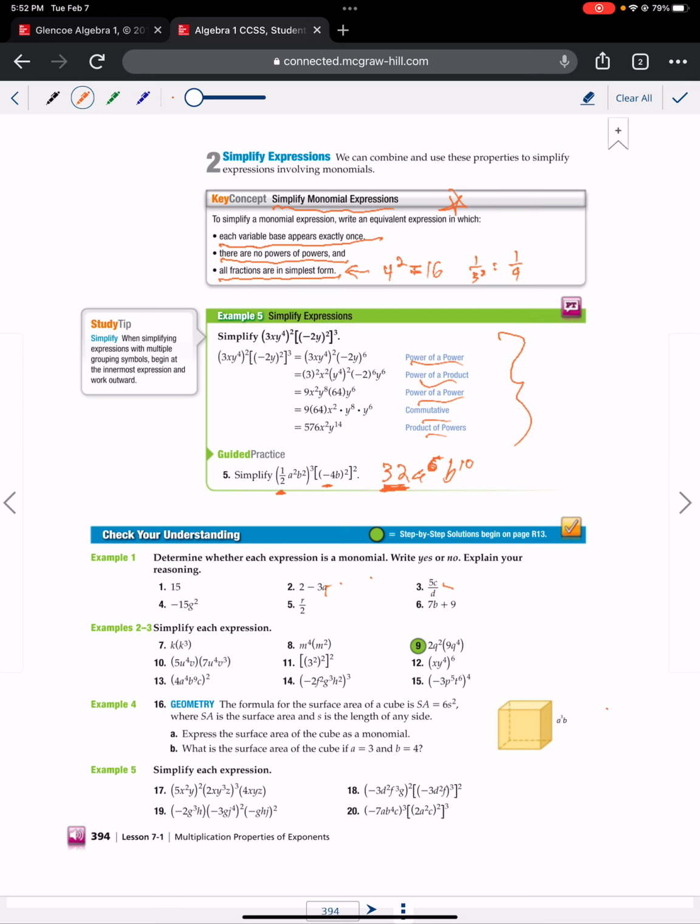Okay. So now what is your assignment? Your assignment will basically be, let me see my notes here. 21, excuse me, can't read my own writing. 21 through 63, every third, and then number 64.